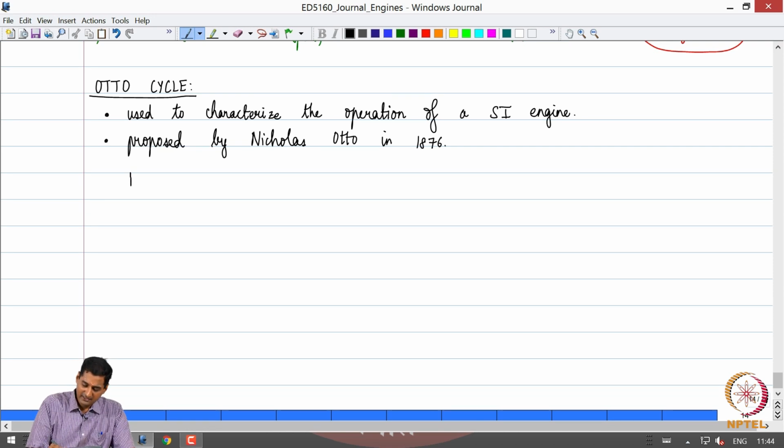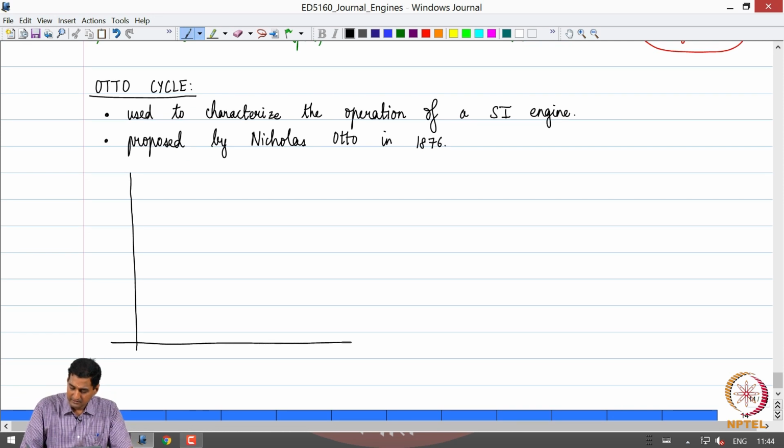So, if we look at a typical PV diagram of a gasoline engine, and we want to look at the various processes that happen, we typically get a curve which is in this manner.